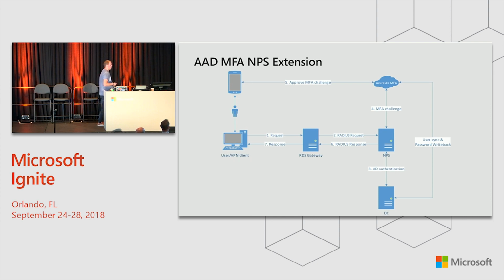And when that is done, it's accepted, and the user gets logged in. On the right, you can see we need to have the user sync and password writeback if we're going to use the password reset feature of Azure AD. That's a good one to have too. But you don't need it in this case, just the user sync is needed.